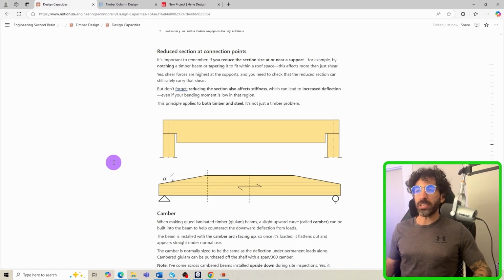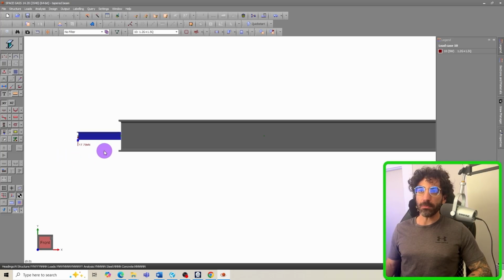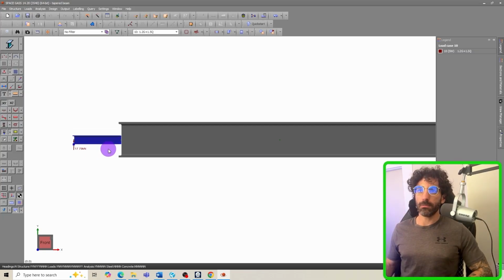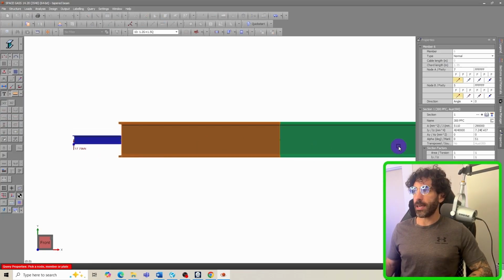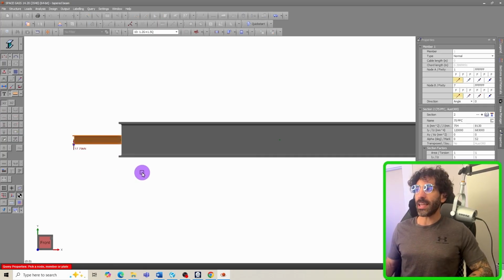For example, I recently did a renovation job where we had to taper the beam down because it didn't fit inside the roof. So what I've done, I just modeled the ends of the beams with the final depth of the taper. So the beam was a 300 PFC, and then at the end it went as low as 75 millimeters.